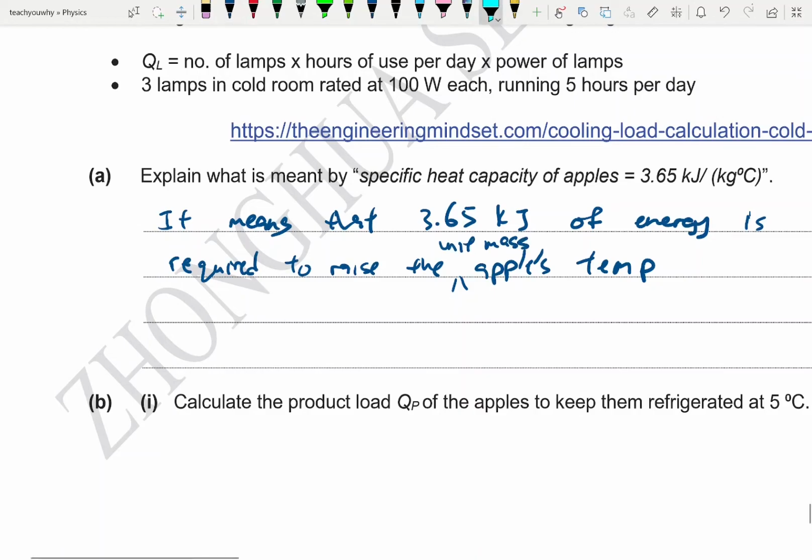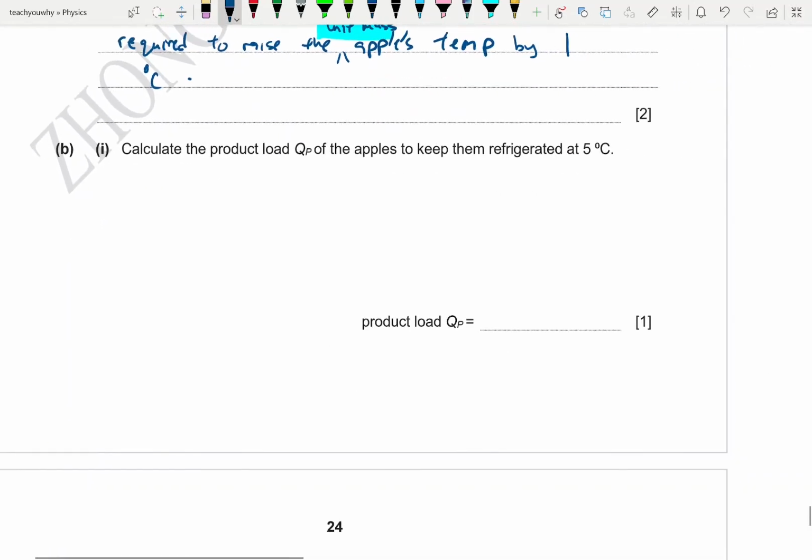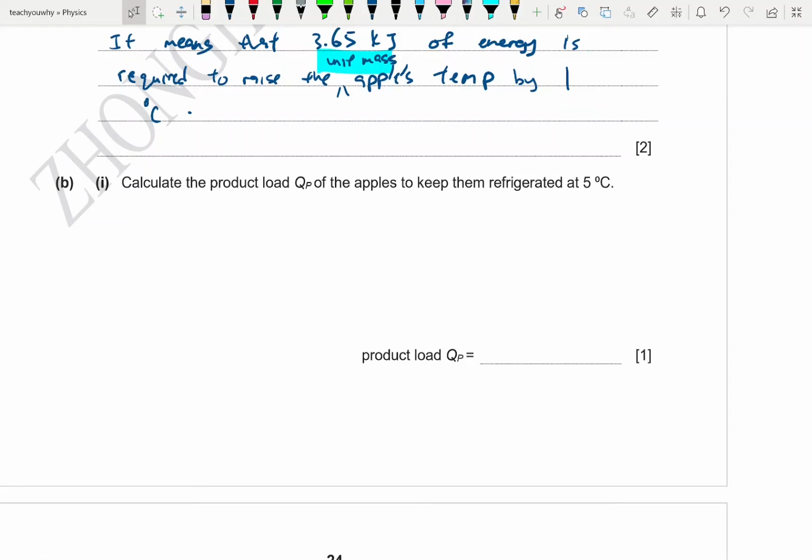Keyword: unit mass. Unit mass means 1 kg. Calculate the product load QP of the apples to keep them refrigerated at 5 degrees Celsius.